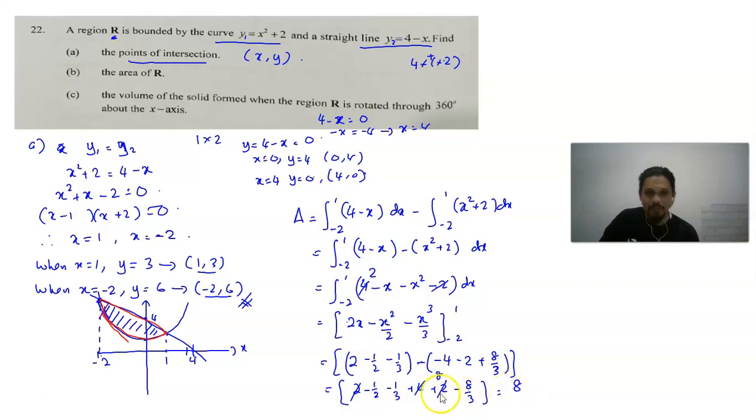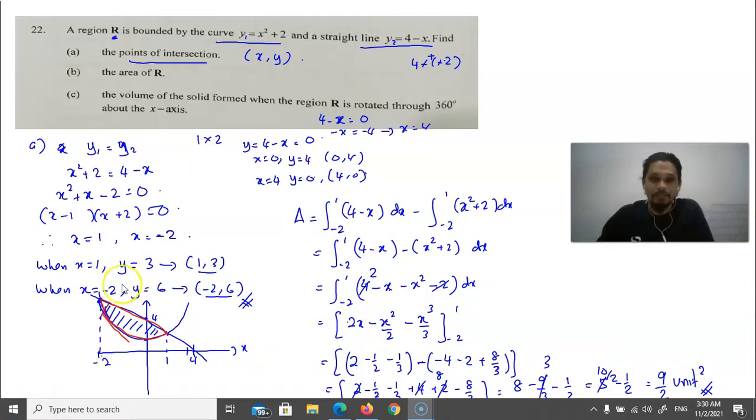And then negative 8 over 3 minus 1 over 3 is minus 9 over 3, and minus 1 over 2. 9 divided by 3 equal to 3. 8 minus 3 equal to 5, minus 1 over 2. 5 times 2 equal to 10 over 2. So 10 over 2 minus 1 over 2 is 9 over 2 unit square.